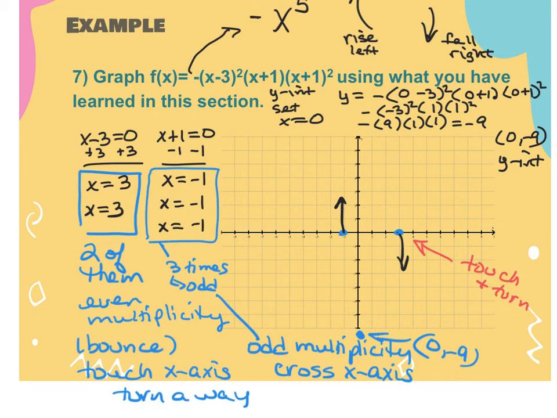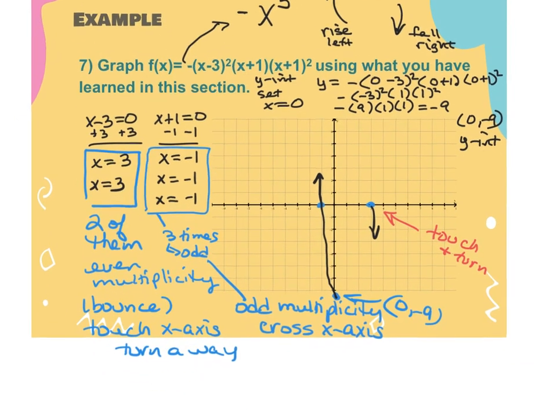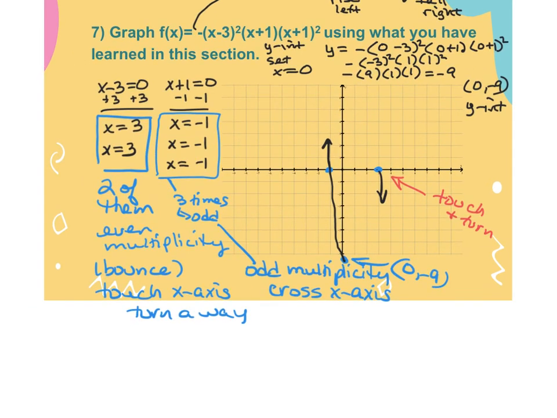So since this is going to cross through the x-axis, it's going to come down here to this one. Now I have to decide, does this touch this y or does it keep going down? And it does keep going down. So let me do a synthetic. Actually, I can't do synthetic because it's factored. I'm going to find another ordered pair in this section.